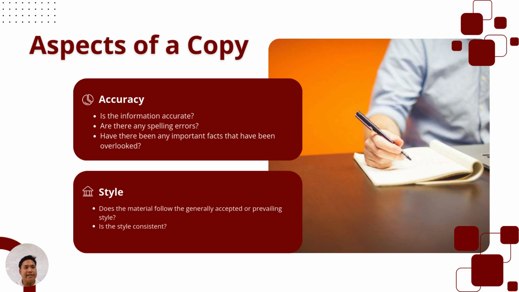Next to accuracy, we have style. So style ensures that the copy follows accepted writing standards and is consistent throughout. For example, if a publication uses the AP style, the editor will make sure dates, abbreviations, and capitalization follow those rules across the entire article.